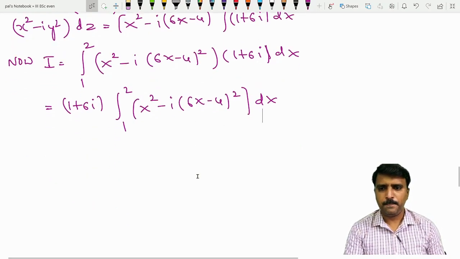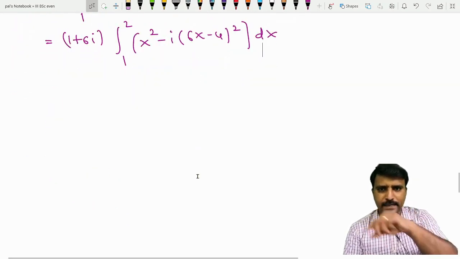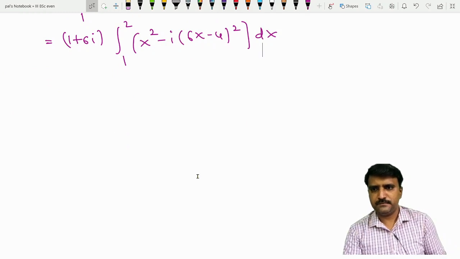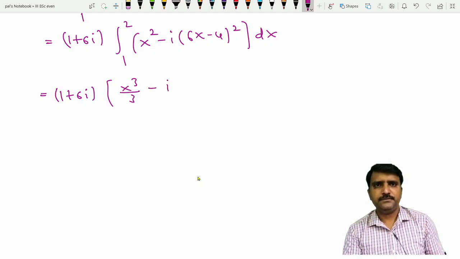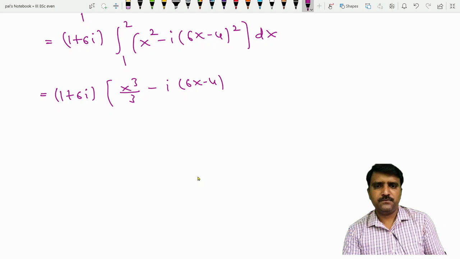Now the next step is integration, which is equal to 1 plus 6i into the integration of x square, which is x cube by 3, minus i into the integration of 6x minus 4, which is 6x minus 4 whole cube divided by 3 into the coefficient of x, which is 6.